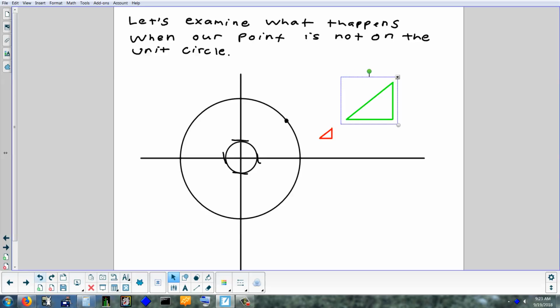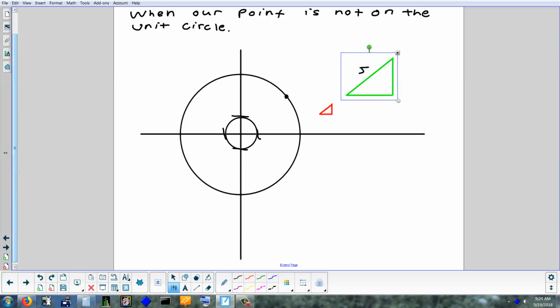So let's pretend, just for a second, that the radius of the green triangle was 5. The radius of the unit circle is how much? 1. So what could you multiply 5 by to make it 1? Kind of think of this as you're scaling the triangle down. You'd scale it down by how much? 1/5.